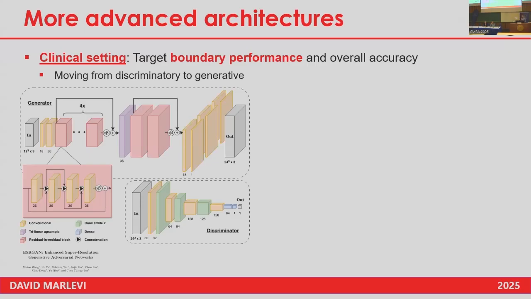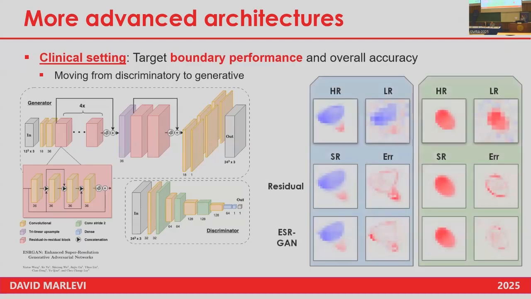The network is a little bit more advanced here. We're coupling the predictive network with what's called a discriminator network to advance our predictions. We can see in a simplified setup here that the difference in error between a residual network, the second row, compared to a GAN-based network in the third row, is that we're actually improving estimates slightly along the border of vessels here.